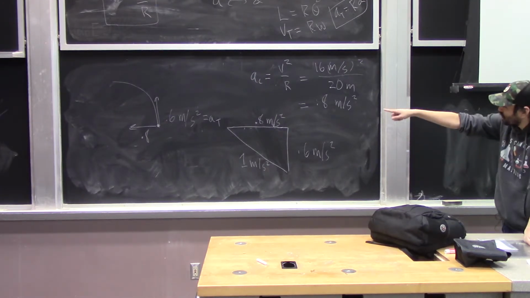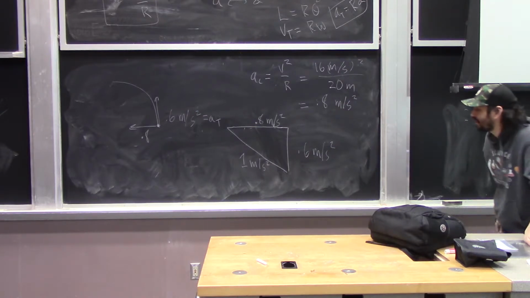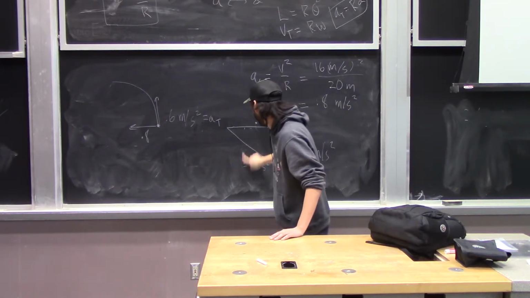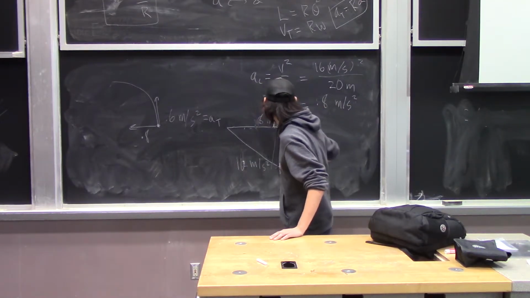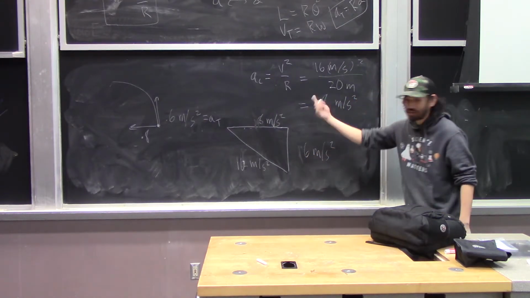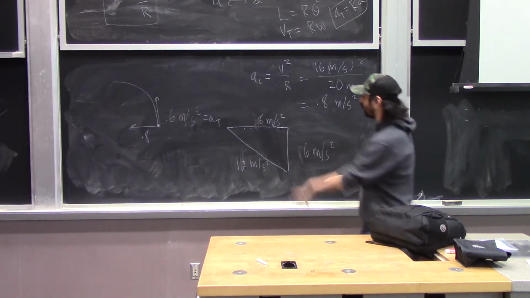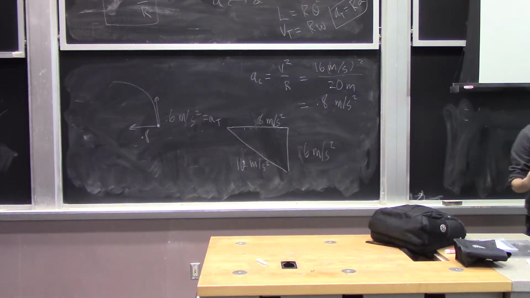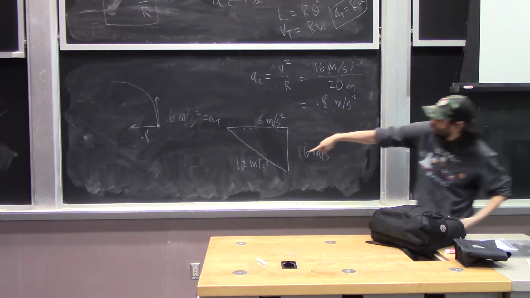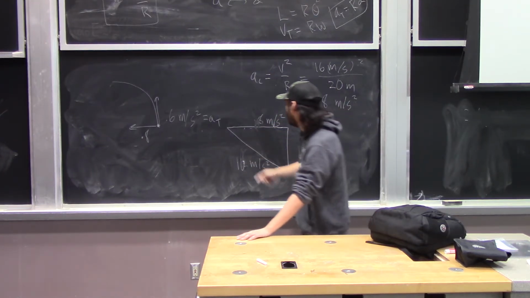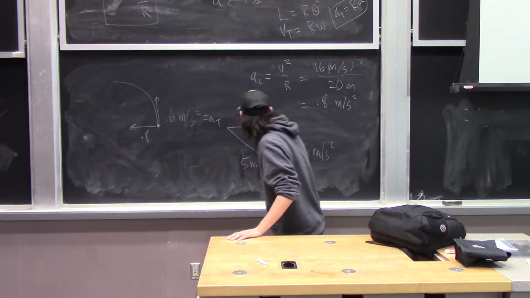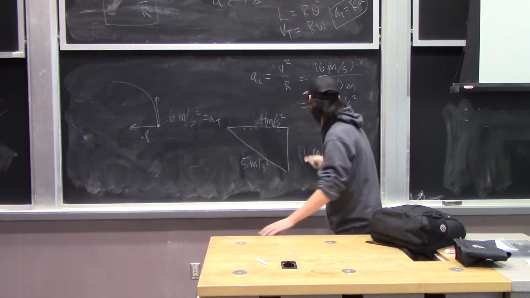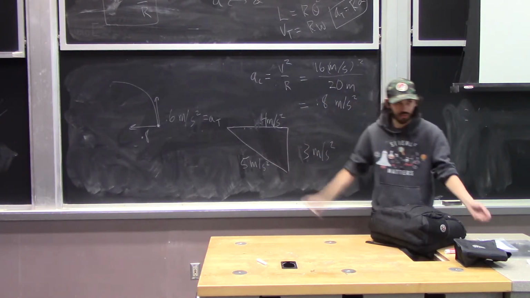If we multiply each one of these numbers by 10, that gives me 10, this gives me 8, this gives me 6. We could divide these by 2 as well, because if I scale all of these at the same time, I'm still working with similar triangles, right? So if I divide these by 2, this makes this 5, this makes this 4, this makes this 3. So this is actually a 3, 4, 5 triangle.